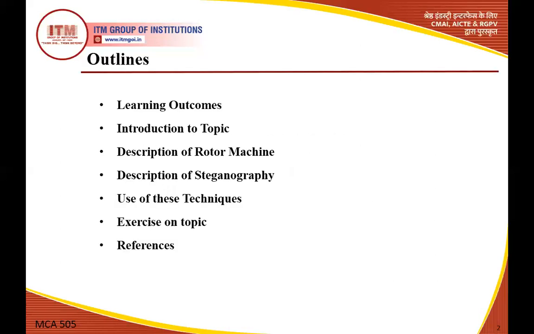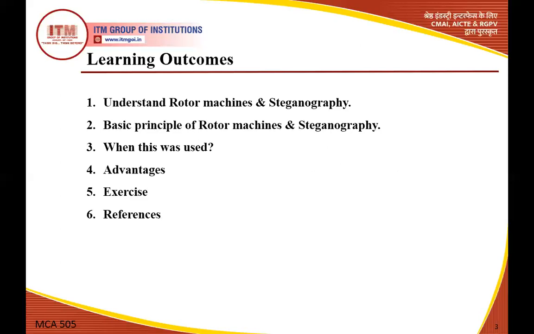In this lecture, we will discuss the learning outcomes of these two techniques. The topics are: introduction, description of the rotor machine, description of steganography, where we use these types of techniques, and after that a little bit of exercise.